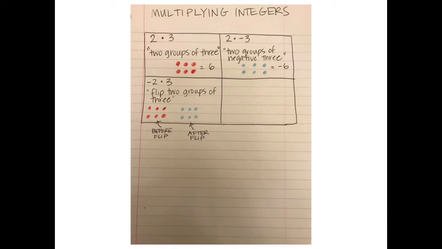To try and show how this works, I listed 2 pictures. What the problem would be before we did this flip, and what the problem is after the flip. If it's asking us to flip 2 groups of 3, the first thing I did is I listed 2 groups of 3. Regular 3, meaning positive 3, and those are floats.